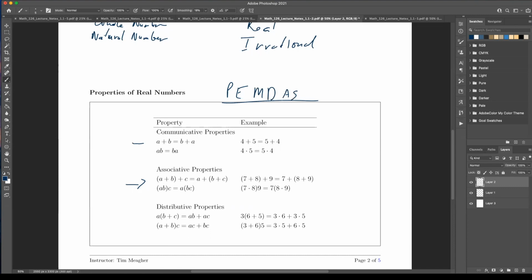PEMDAS. Okay. In middle school, I used to read it on the wall. So this goes first. This goes second. These two actually go together, and these two actually happen together. So it's a little bit misleading.